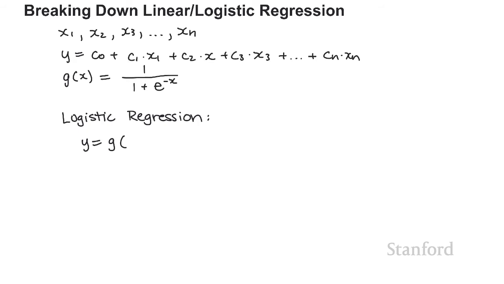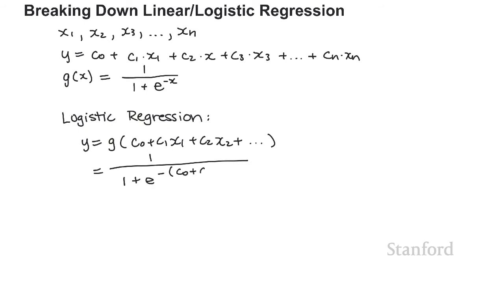So it'd be g with C0 plus C1 x1 plus C2 x2 plus so on and so forth passed in. And that's equal to 1 over 1 plus e to the negative C0 plus C1 x1 plus so on and so forth.